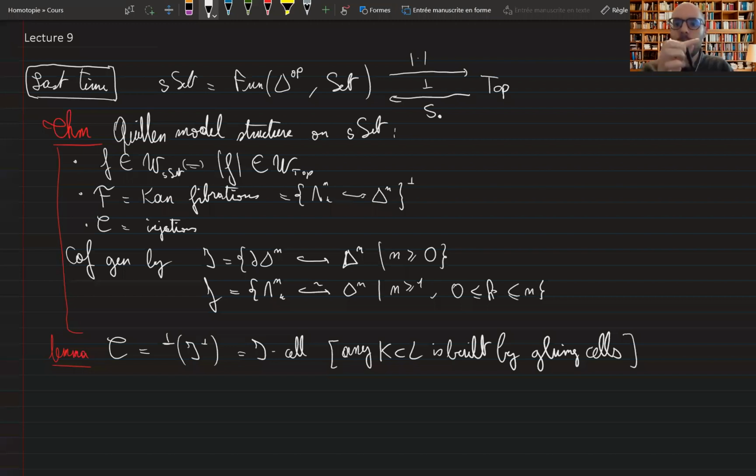All right, so are there any questions about all of this before we continue proving this theorem? Or about simplicial sets in general, I guess?